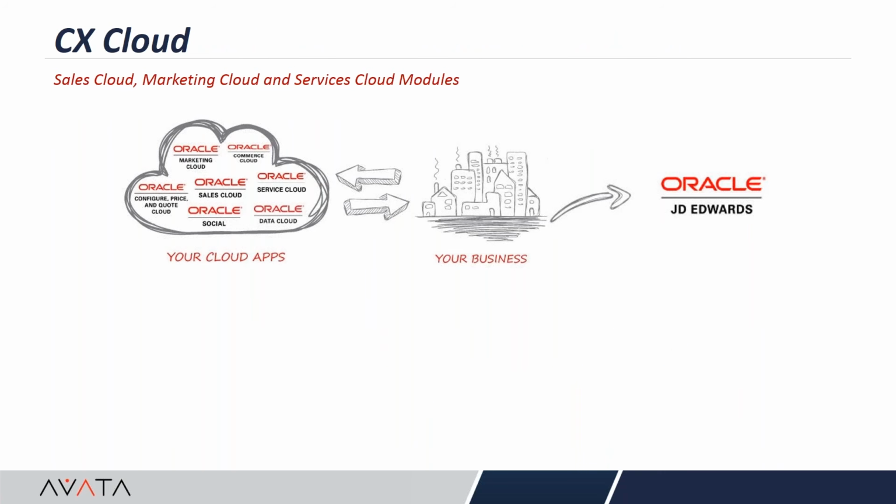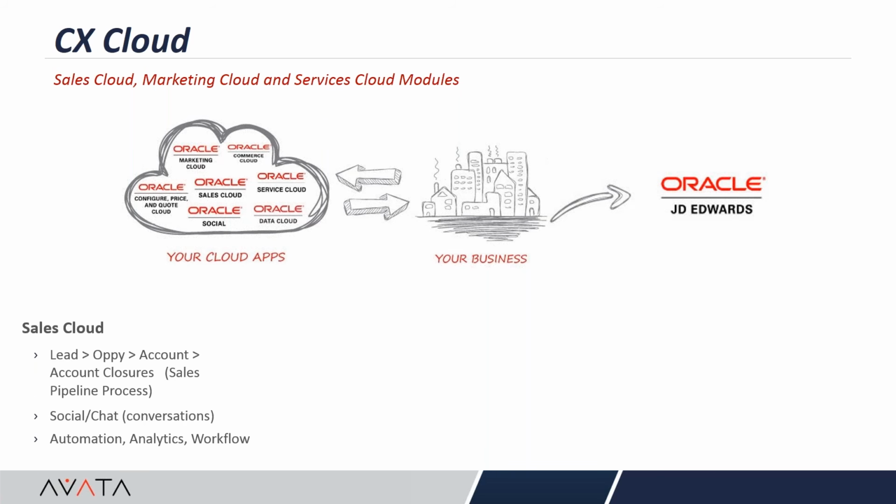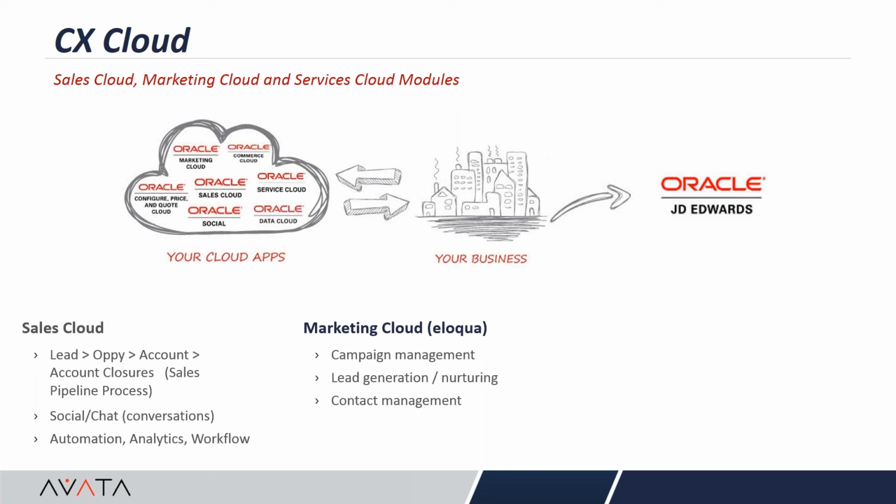So as with all solutions, the implementations in cloud tend to be smaller than your normal on-premise model. For example, in CX Cloud, when we start talking about bringing in opportunities and leads into your systems, bringing up some of the social aspects of the cloud, automating analytics and workflow.